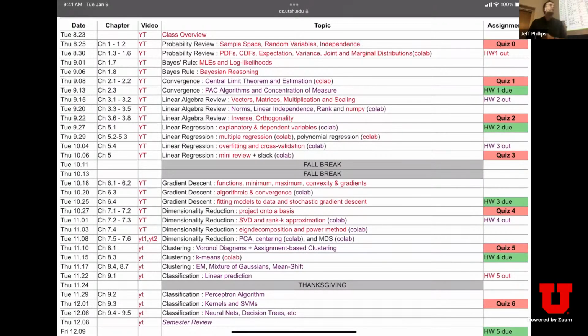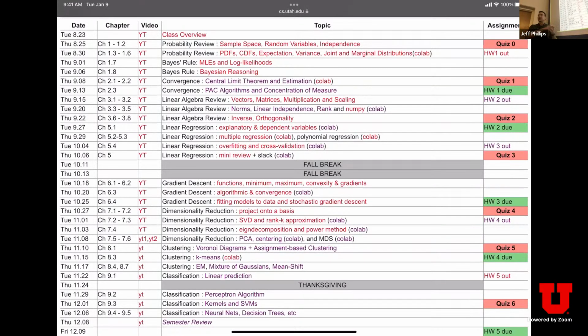And then quiz 5 is also going to be on Thursday this week. Quiz 5 will cover the section on dimensionality reduction, the last 3 lectures and this lecture. It'll be a lot about things like interpreting the singular value decomposition, how to use it in terms of thinking about high dimensional data, what is a projection, stuff like that.